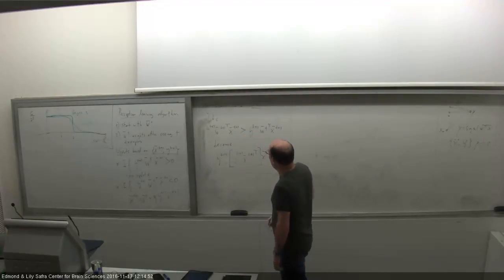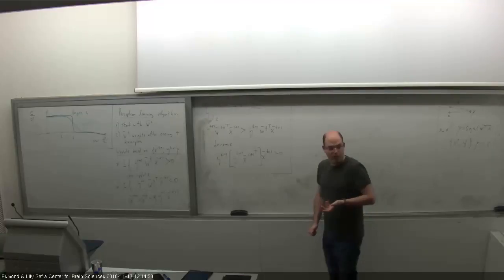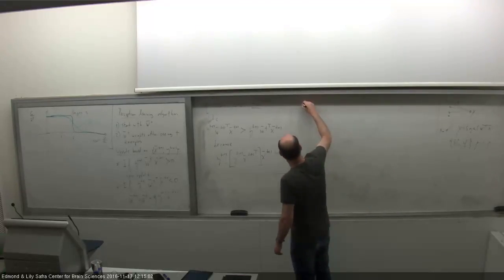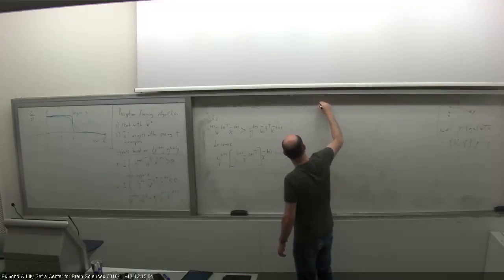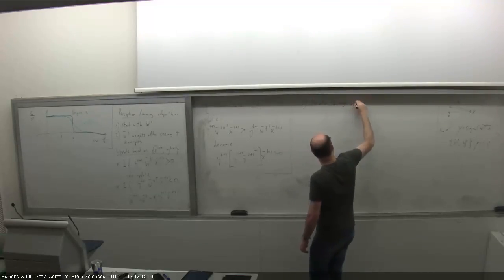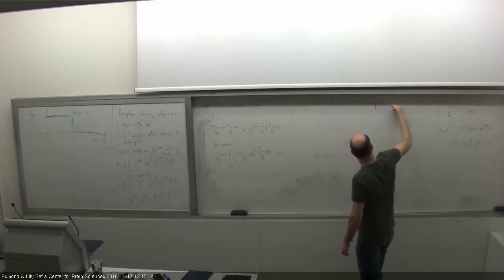But I didn't yet finish explaining the algorithm. This is just what we do in each one of the examples. And now what we do is iterate through all the examples cyclically.